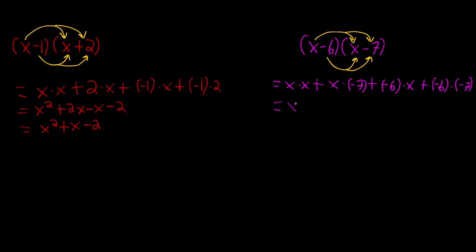Well, that's going to be equal to x squared minus 7x minus 6x plus 42, or x squared minus 13x plus 42. And if you have any questions about the plus 42, remember that a negative times a negative will always lead to a positive result.